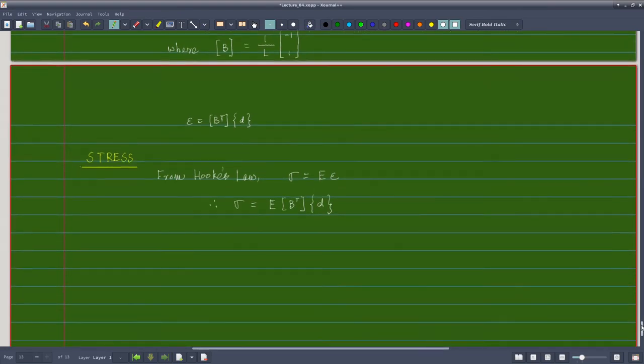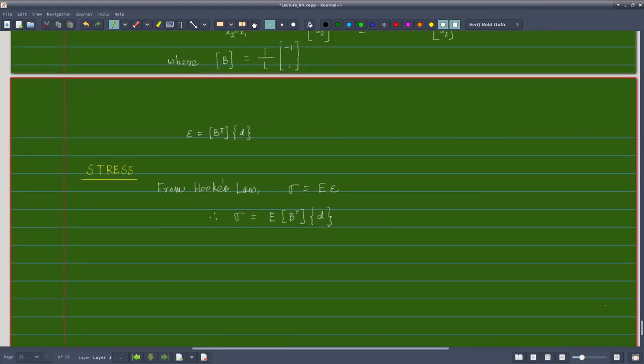All right, now let us use Rayleigh-Ritz method to find out the total potential of the element.